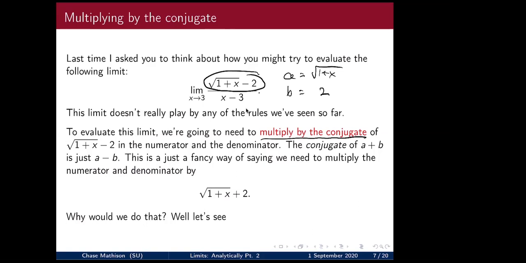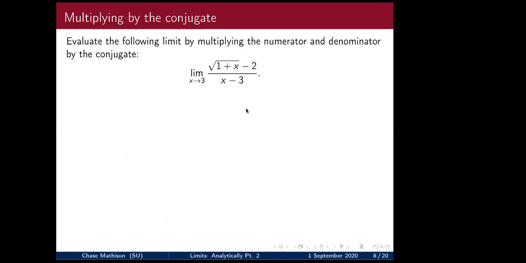Okay. So I say multiply by the conjugate. You're not allowed to just take an expression and multiply it by whatever you want. You're only allowed to multiply an expression by 1 and not change its value, right? So when I say multiply by the conjugate, I really mean multiply top and bottom by the conjugate, okay? So let's see what happens when we actually do this work. I'm going to multiply by the conjugate of square root of 1 plus x minus 2.